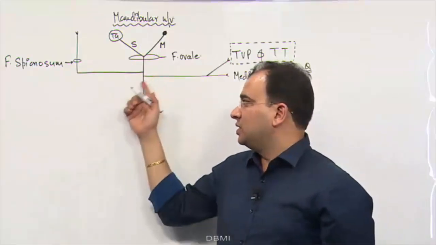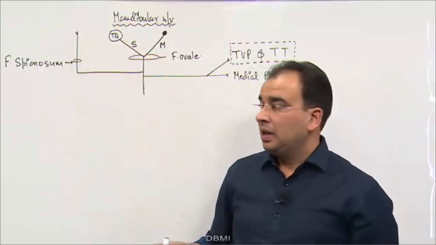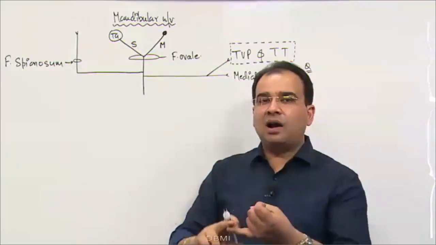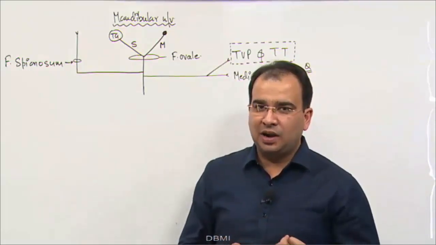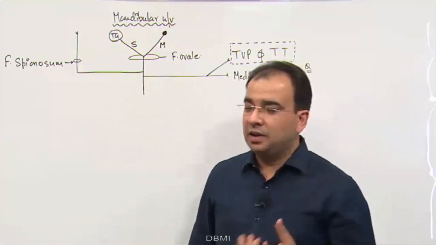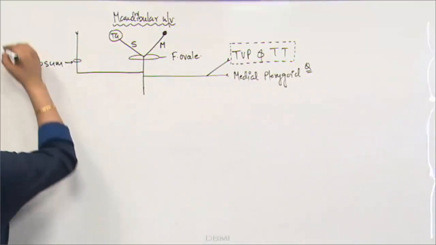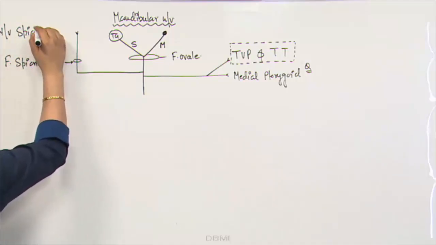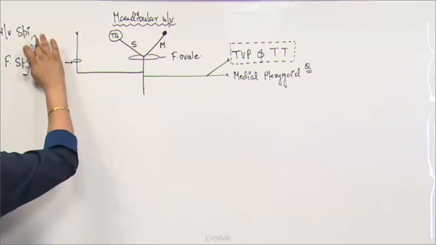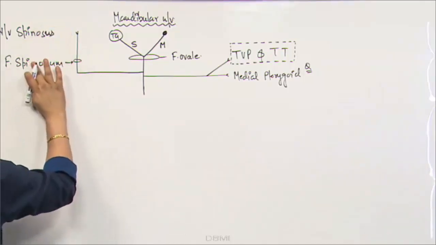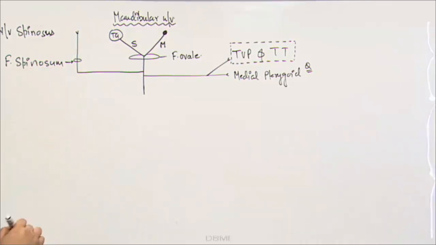So this is the major nerve supplying the dura mater. The main artery supplying the dura mater is the middle meningeal artery, and the main nerve is called nervus spinosus.